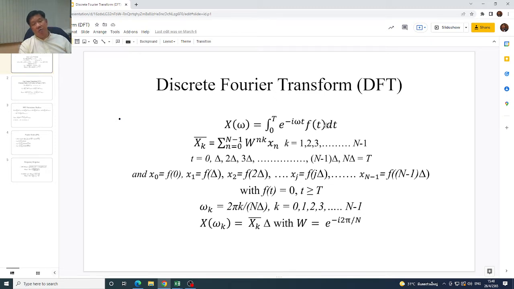If f of t is a well-defined function, for example a sinusoidal function, the sine, the cos, the tan, or a polynomial, or a ratio of polynomial functions, and if it is integrable when multiplied by this exponential function, then you can derive the exact formula for capital X in terms of omega.